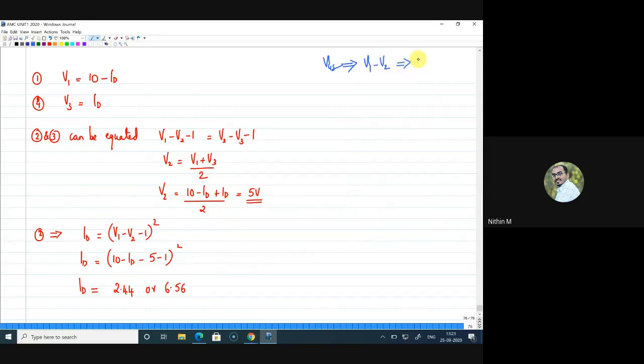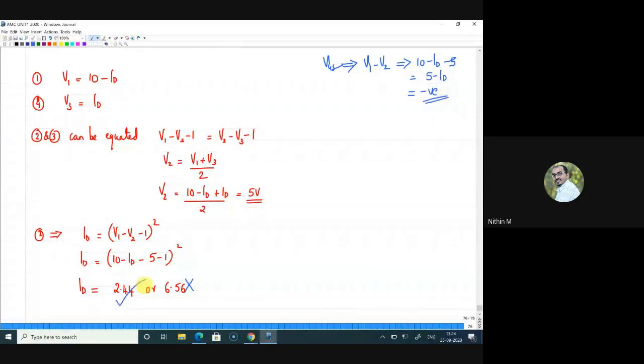That means (10 minus ID) minus 5, which is equal to 5 minus ID. Now if you substitute ID as 6.56 here, you will actually end up with a negative value. That means that is not correct. So which is correct? This is an invalid answer, and ID equal to 2.44 is the right answer.